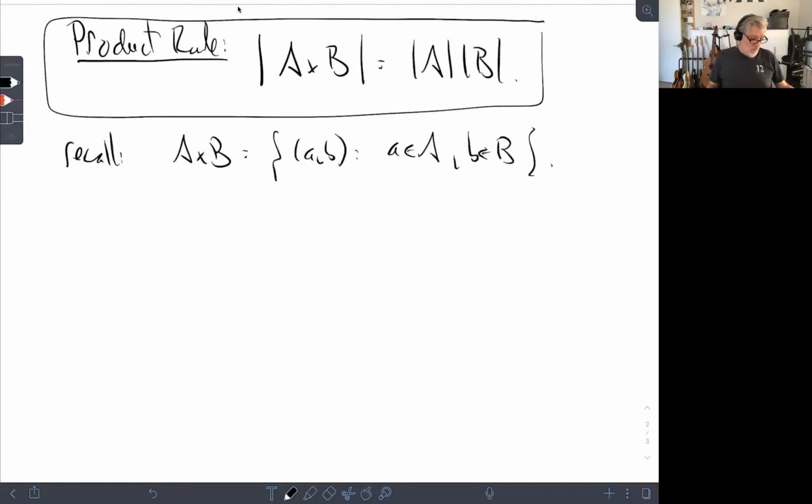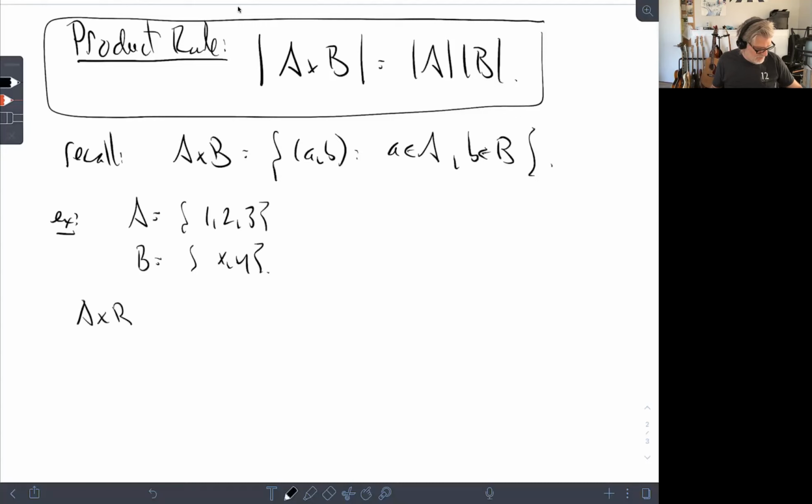If this is obvious to you, that's great, that's fine. And if it's not, then let's see how we can count these elements, these pairs. What I can do is split it up. I'll just illustrate with a little example. Let's say that I take A to be {1, 2, 3}, and B to be {X, Y}.